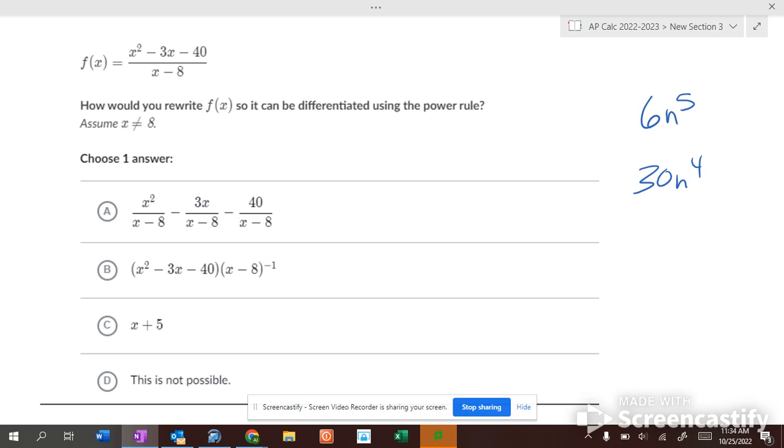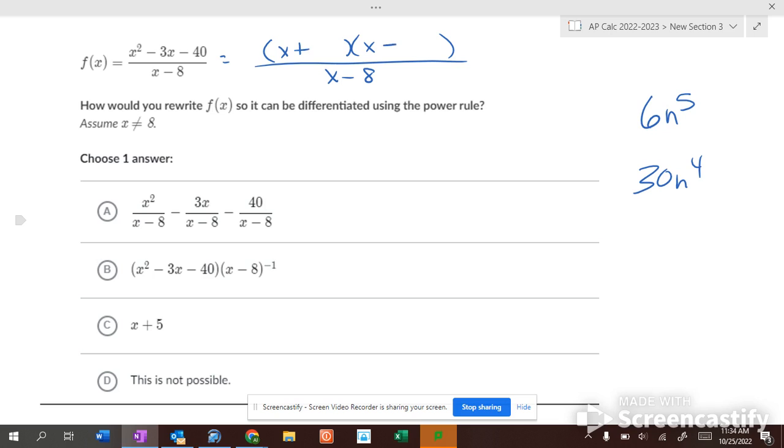Why would it be C? Because straight up, you can factor the top. x and x, signs are opposite.